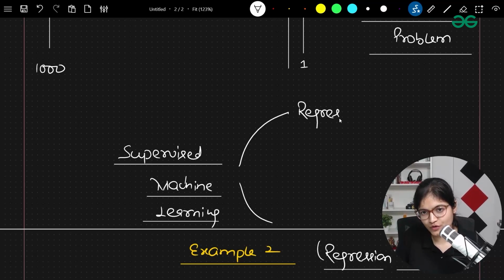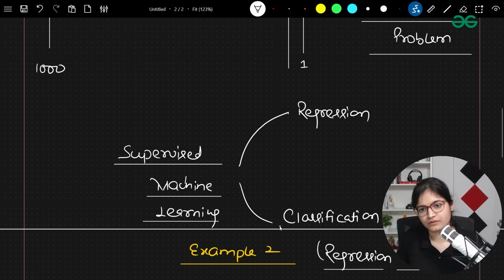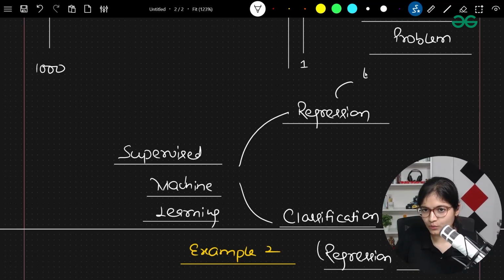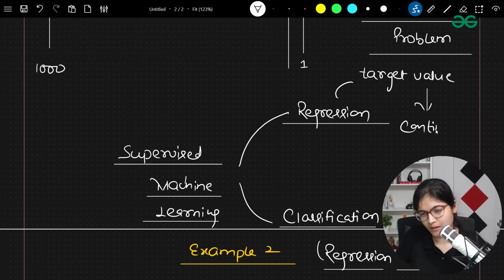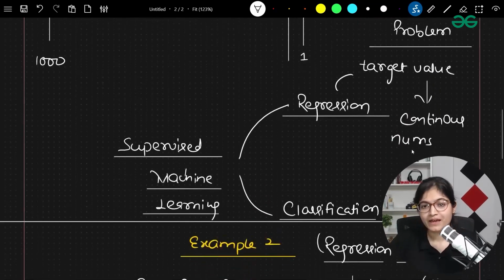One is regression, and the second one is classification. Regression means the target value that you want to find out belongs to continuous numbers. You want to predict some continuous numbers.